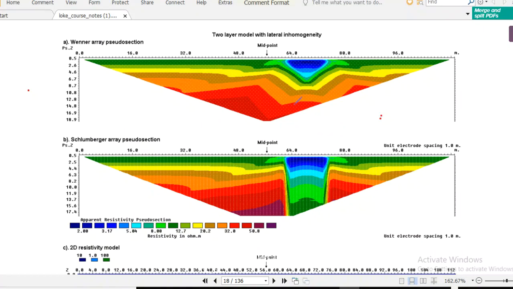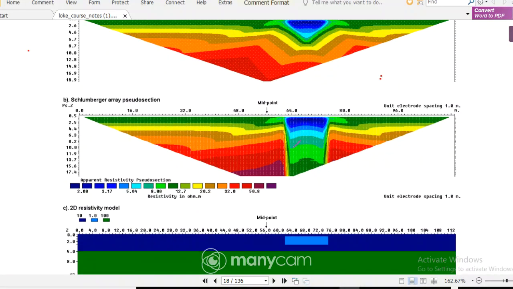They are more affected by what? Schlumberger is affected more. It shows different resistivity values, but actually there are no different values here, only one value. This one also follows the trends, so when you see the zero section, here is the zero section of Wenner and Schlumberger.